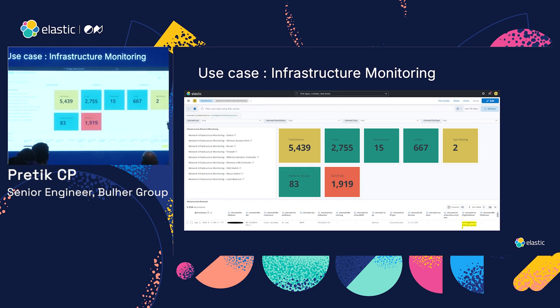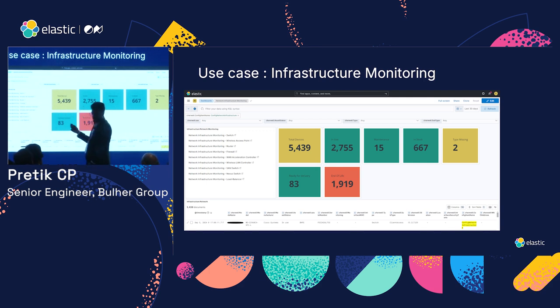They get real time overall statistics of the total network devices. We also have linked dashboards dedicated to other network devices like switches, wireless routers, APIs, all those things.